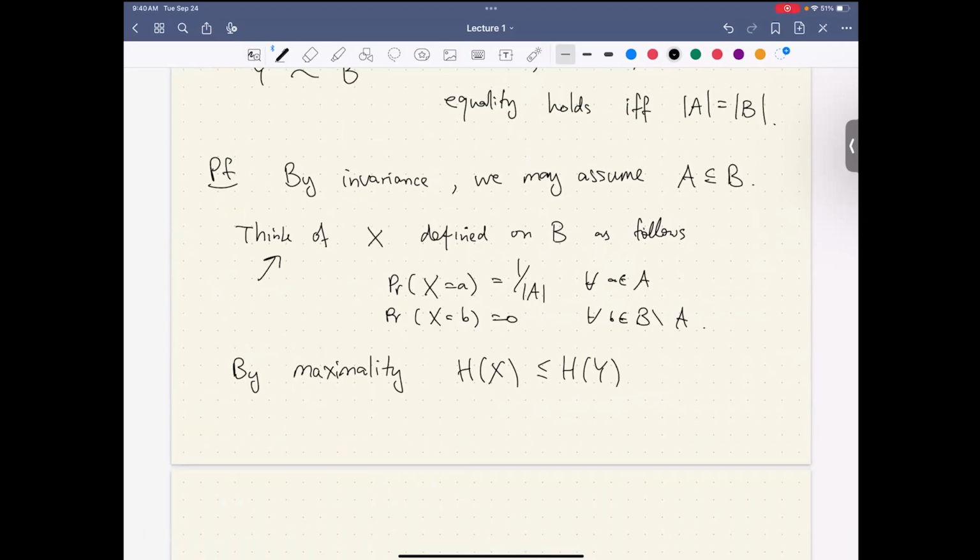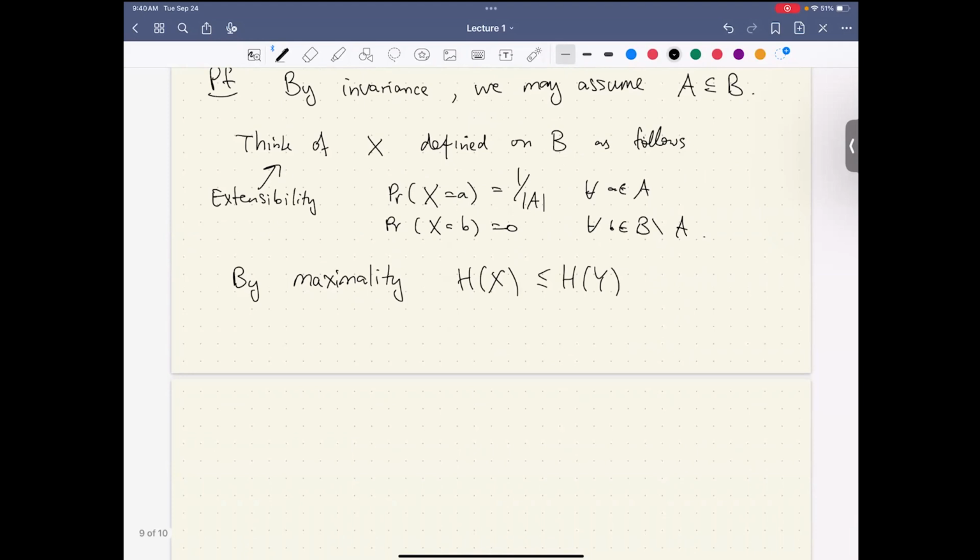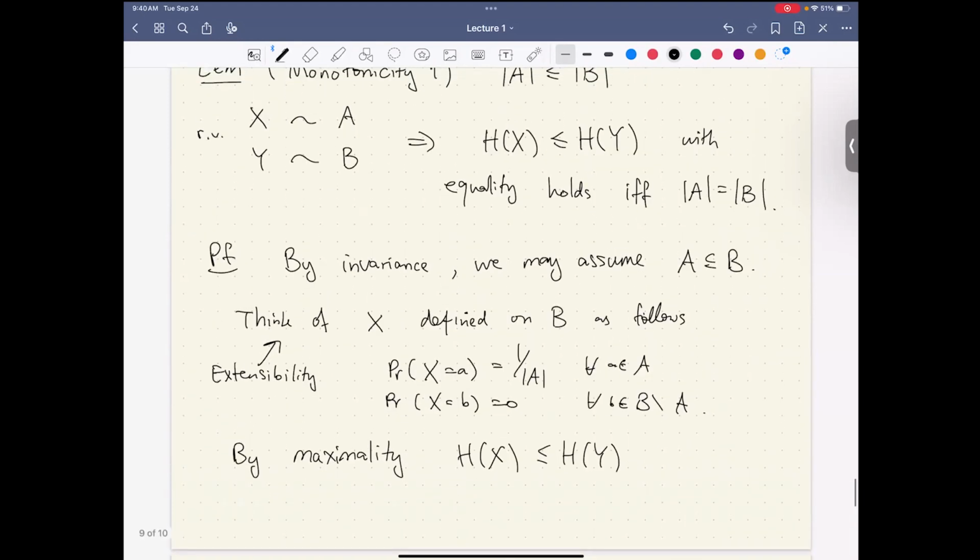Here, we use extensibility technically to think of X as a random variable on B. Now, what we need to prove is the if and only if case.